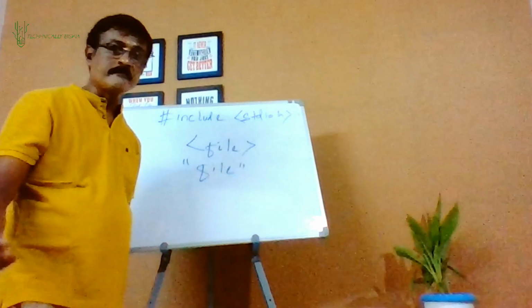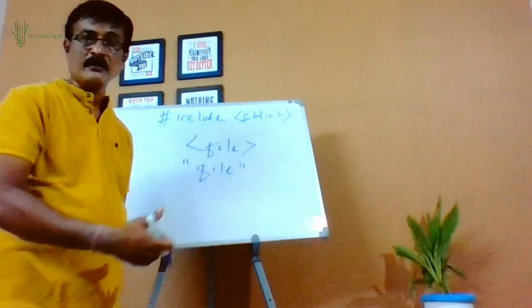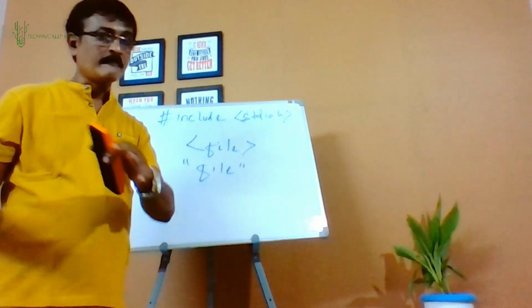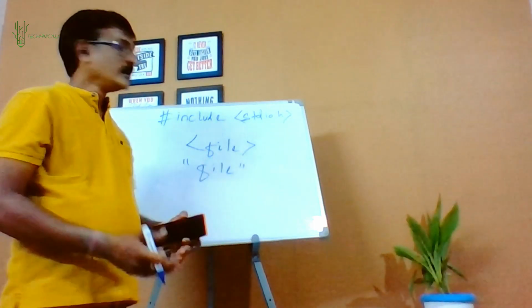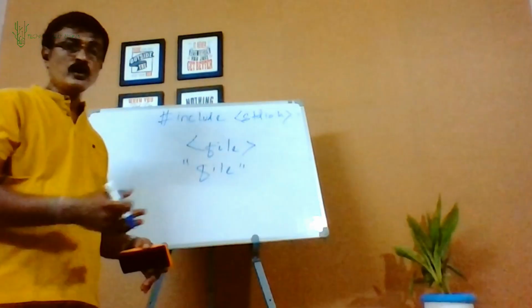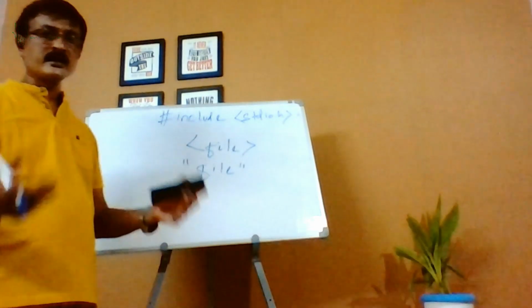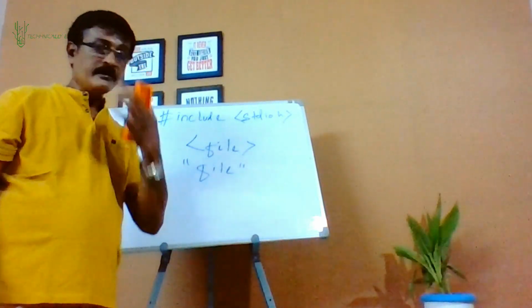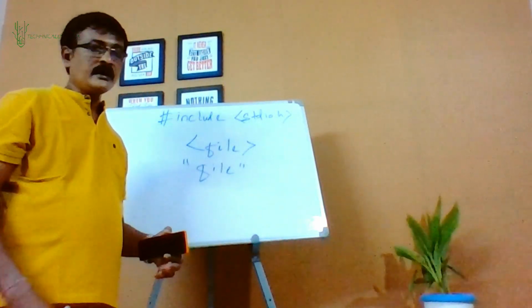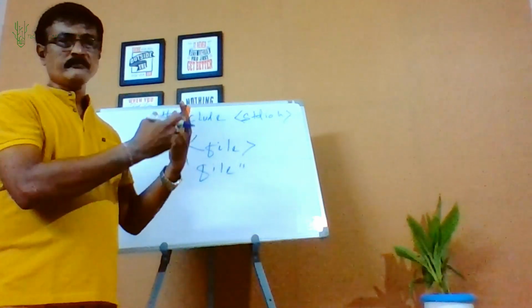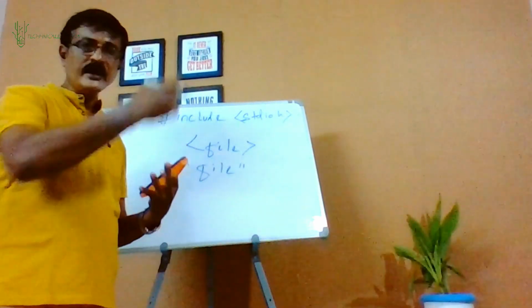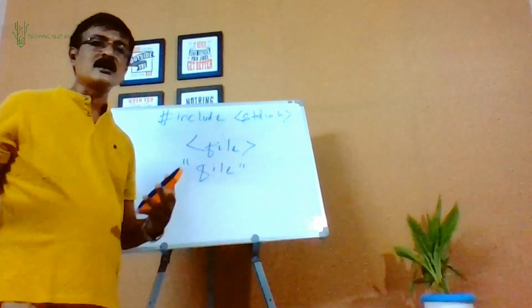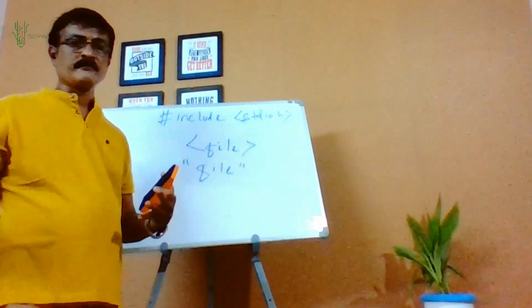I might have a header file of my own. I might have all my functions in a single header file for usability. Sometimes a program becomes too heavy with hundreds of lines of code. If it is that kind of a program, then it becomes too irritating to read, to go through, and to understand the entire program because of the number of lines.